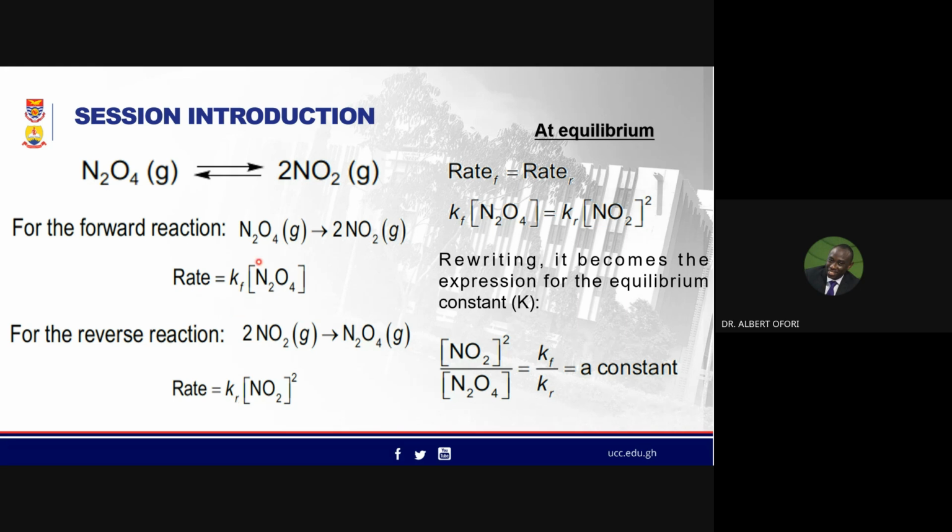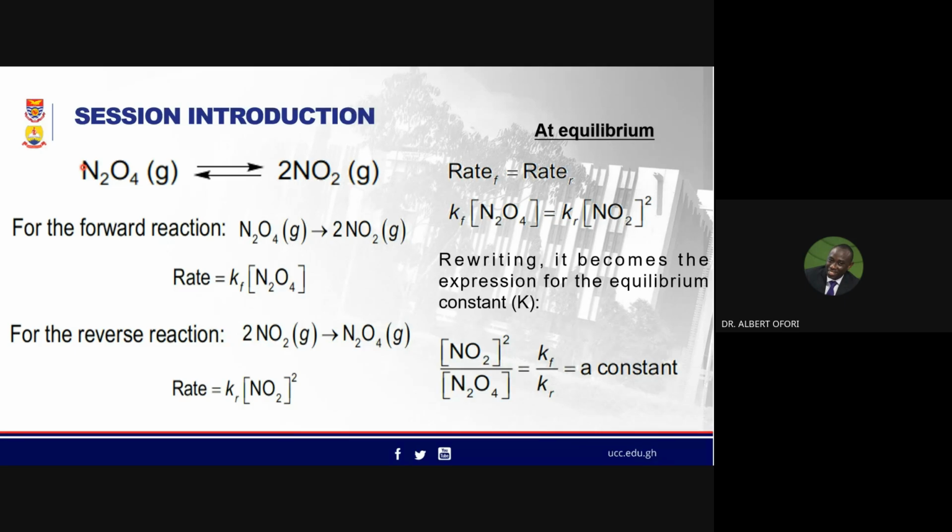Here, most of the reactions we are going to be writing are single step, that is elementary step reactions. That's why we are taking the order to be the same as the stoichiometric factor. So the rate law here, the concentration of the nitrogen dioxide was raised to the power 2 because it was having a coefficient of 2. Here it is raised to the power 1, which we ignore because it was having a coefficient of 1.